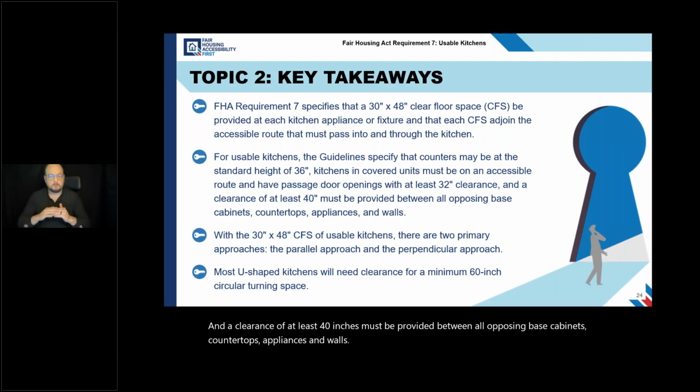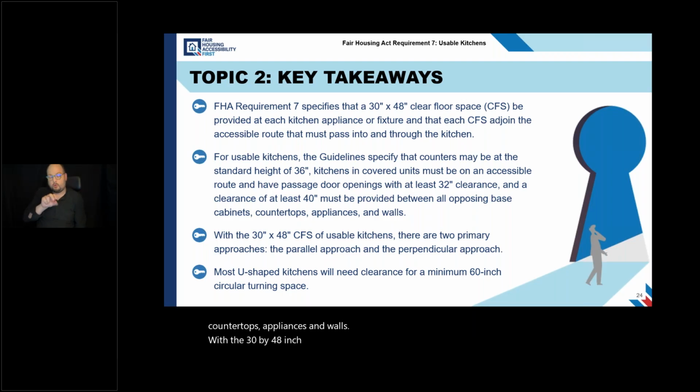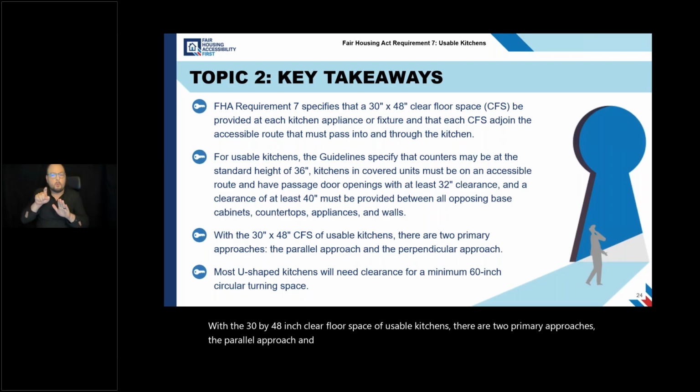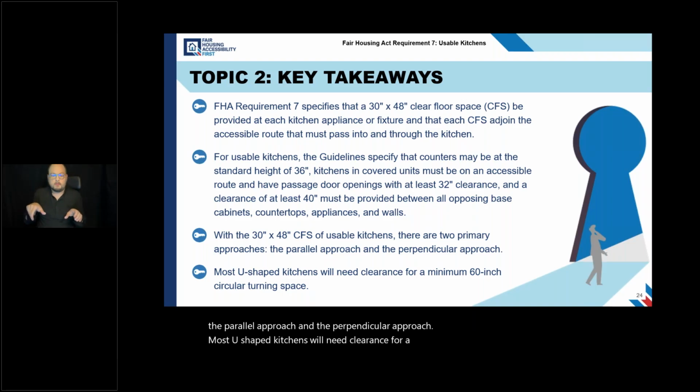With the 30 by 48-inch clear floor space of usable kitchens, there are two primary approaches: the parallel approach and the perpendicular approach. Most U-shaped kitchens will need clearance for a minimum 60-inch circular turning space.